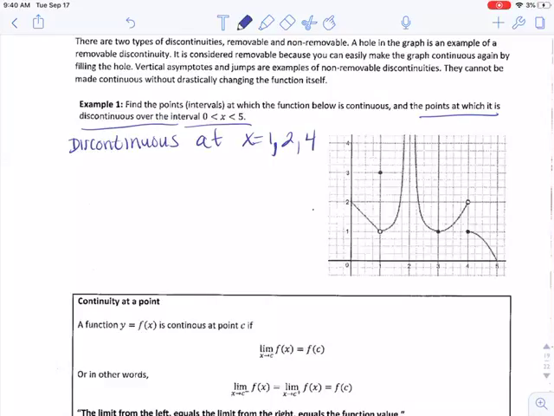And if you notice, at 1, I have that open circle, that's a hole. So x equals 1, there's a hole. At x equals 2, there's a vertical asymptote.